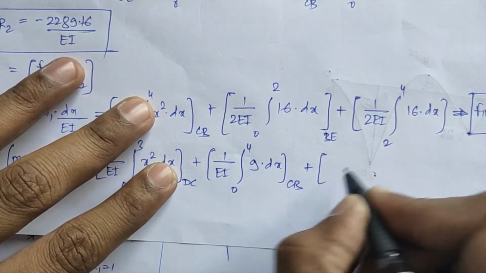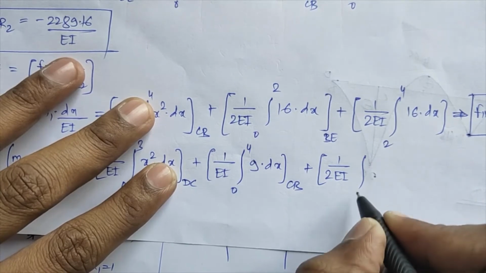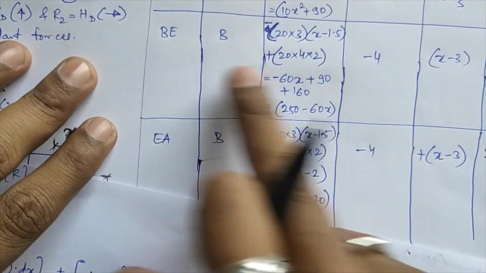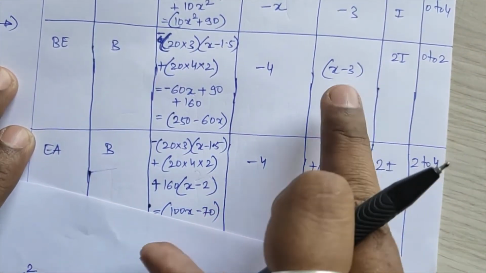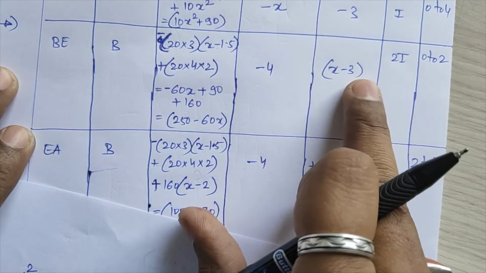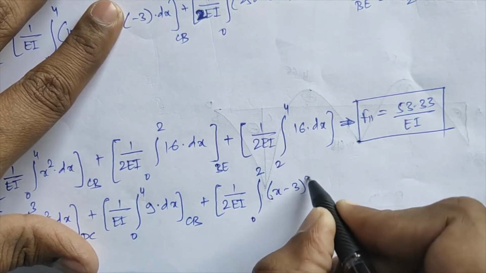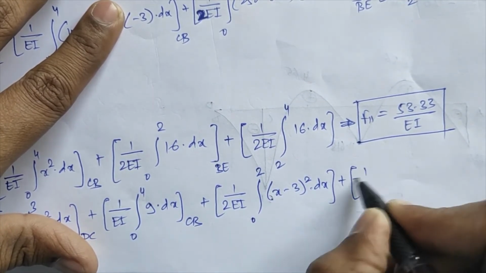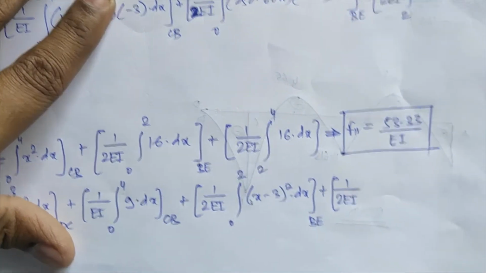Plus we will move to your next portion, 1 upon EI, the value here is equal to 2 EI, within limits of integration from 0 to 2. That is the B portion, within limits 0 to 2 we have the 2 I value, x minus 3 into x minus 3, so that will become x minus 3 square into dx, plus the last portion, the portion BE, and the last portion EA is remaining.